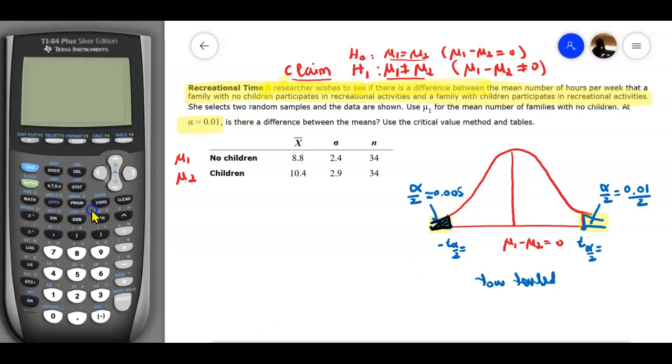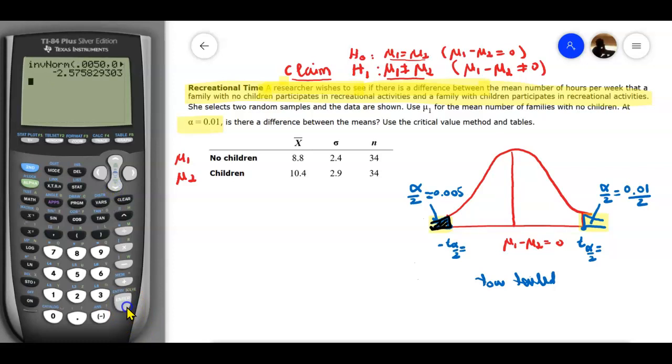So first of all, let's turn on the calculator. Second, go to vars, and I'm going to go to inverse normal, enter. Here I'm going to place the value of alpha over 2, 0.005, and the mean is 0, sigma is 1, leave it as it is, and then enter, paste, enter.